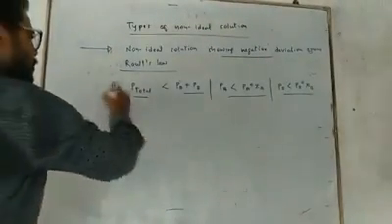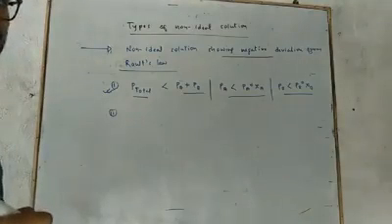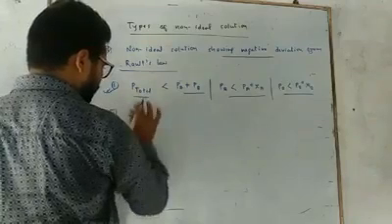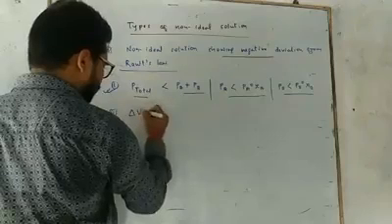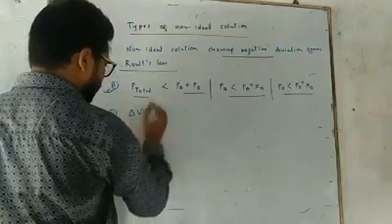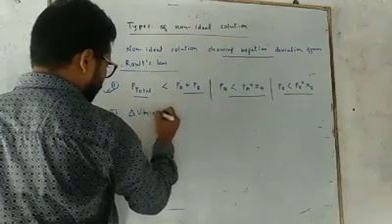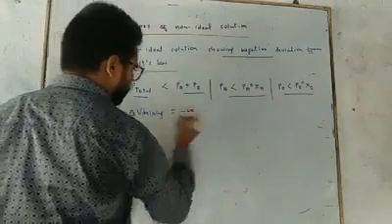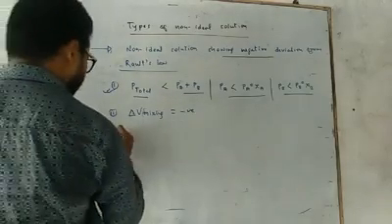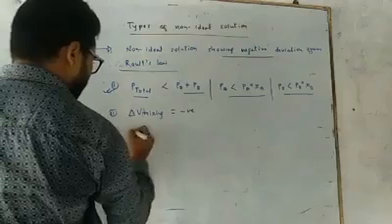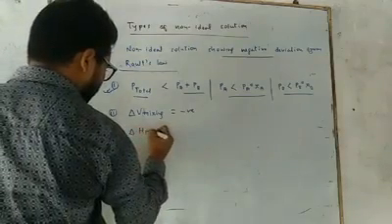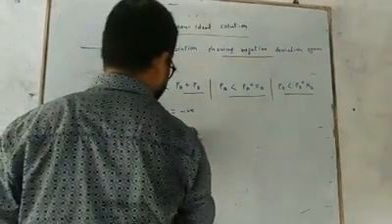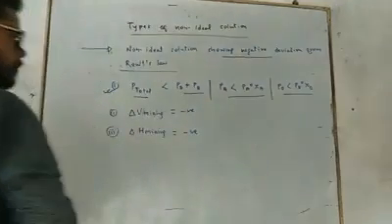This is the first point. Second point, delta V mixing is negative. Third point, delta H mixing is negative.